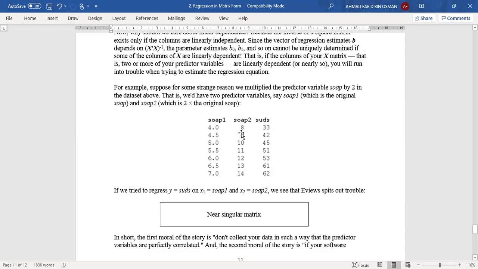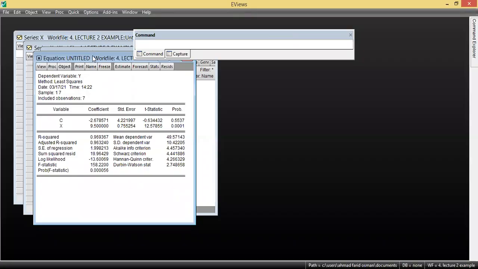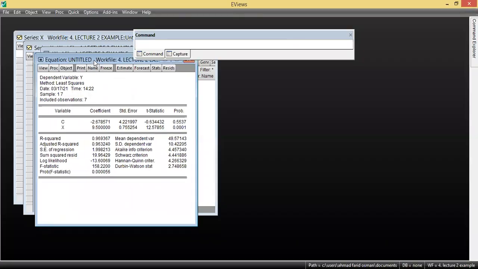If you try to regress for this data, EViews will give you a notification. So let us try in EViews. If you use Excel, you are still able to produce an estimate, but the estimate is not correct. With EViews, you can see the problem.